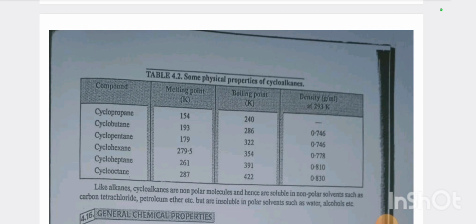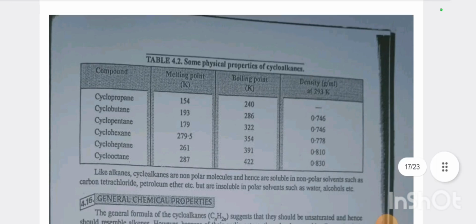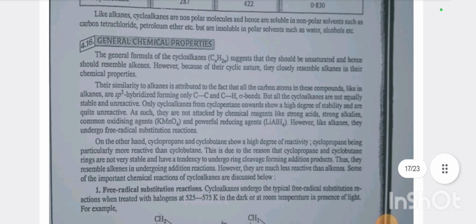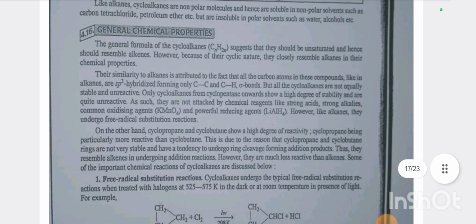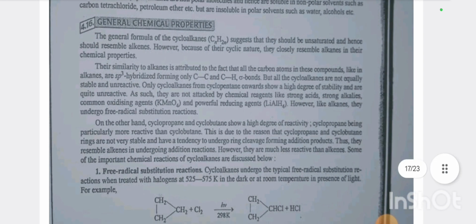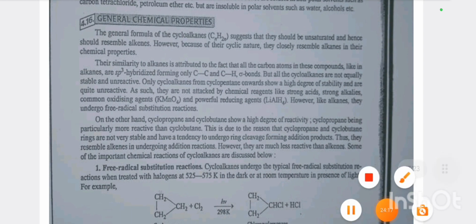Cyclohexane: melting point 279.5 Kelvin, boiling point 354, and density is 0.778. Like alkanes, cycloalkanes are non-polar molecules and hence are soluble in non-polar solvents such as carbon tetrachloride, petroleum ether, etc., but are insoluble in polar solvents such as water and alcohol.